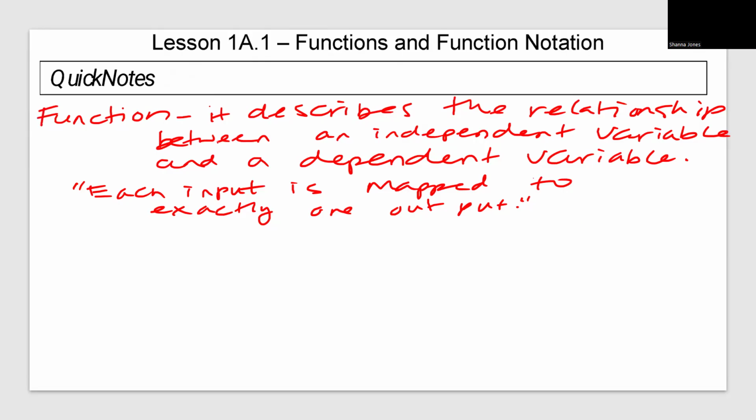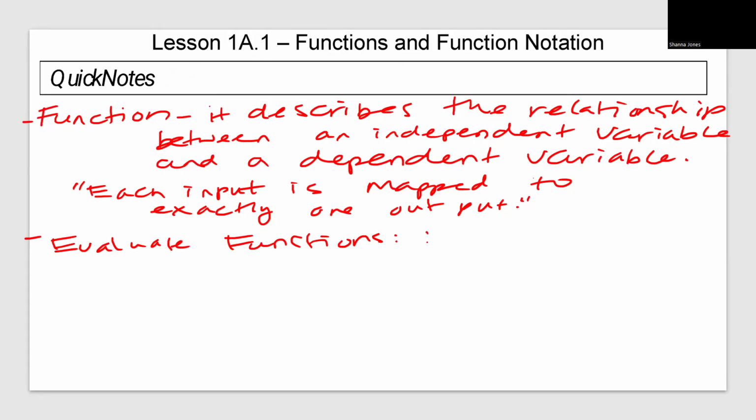The other takeaway that we need to know is how do you evaluate functions? What are ways that we can evaluate functions? What ways did you use today? What did you just look at? What did you start off with? No, your paper. What did you start off with? A table.